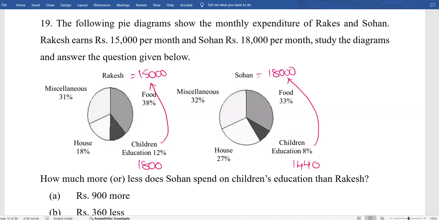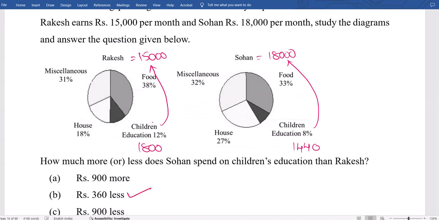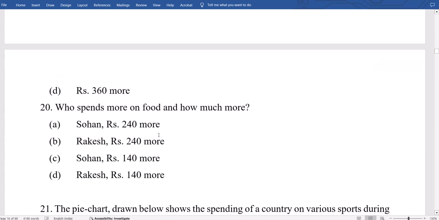So definitely 360 less. Sohan spent 360 less than Rakesh. 12% of 15,000, no calculator allowed, you need to do those calculations. Here 8% of 18,000. Pie chart related questions they're asking more.